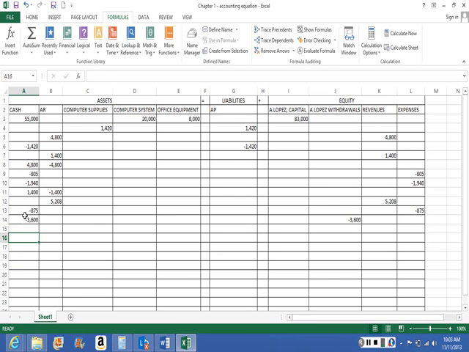So we would do the same thing with all of these accounts. This accounts receivable total is 5,208. The next account has a total of 1,420. The computer system has an account balance of $20,000. The next one is $8,000.